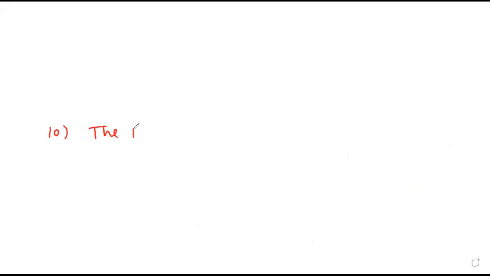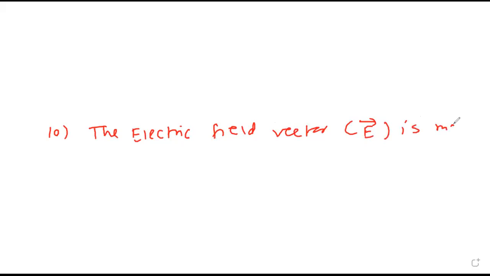The electric field vector E bar is more, here we are talking about its amplitude.